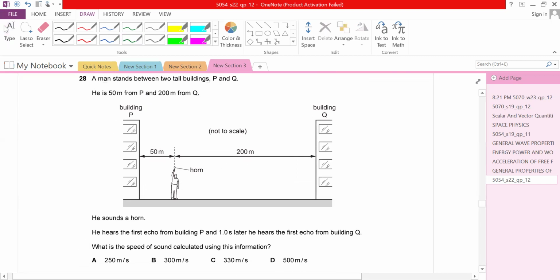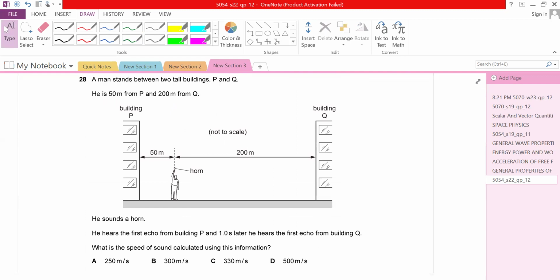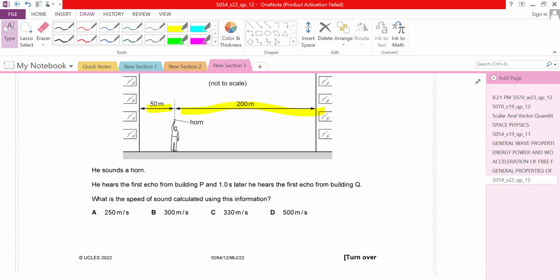Question number 28. A man stands between two buildings, P and Q. He is 50 meters from P and 200 meters from Q. Now he sounds a horn. He hears the first echo from building P, and 1 second later he hears the second echo from building Q. What is the speed of the sound calculated using this information?